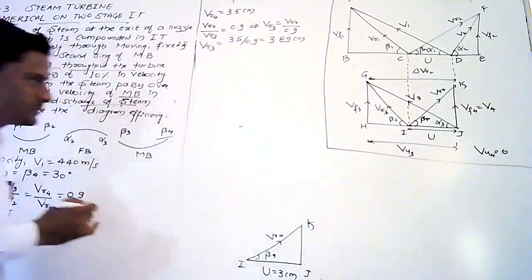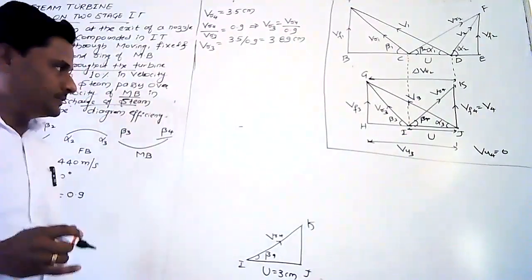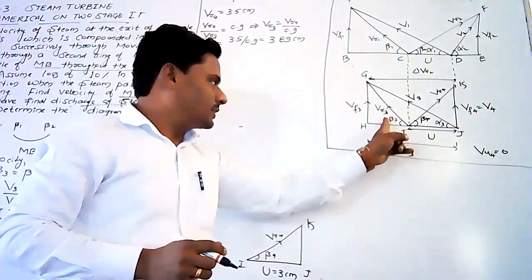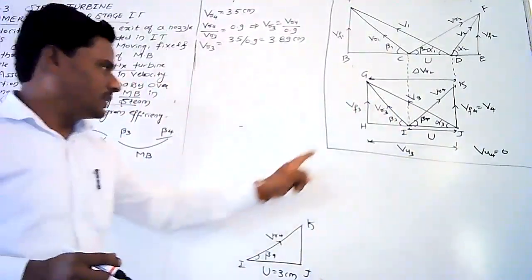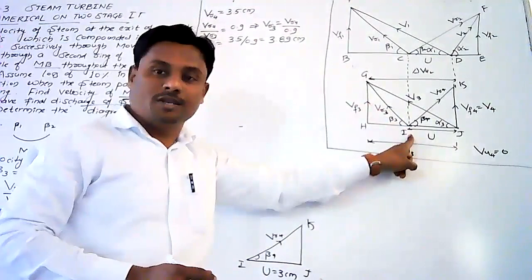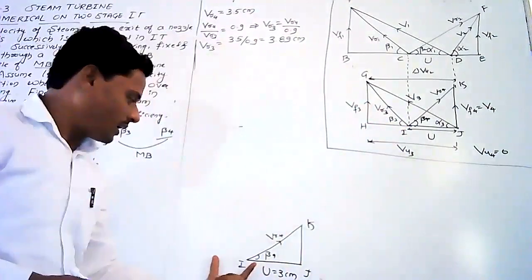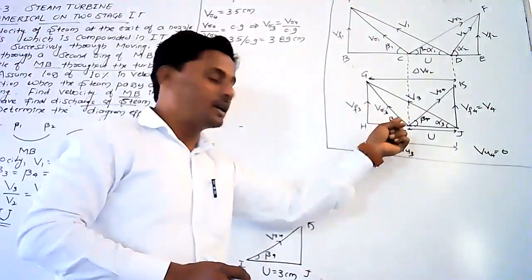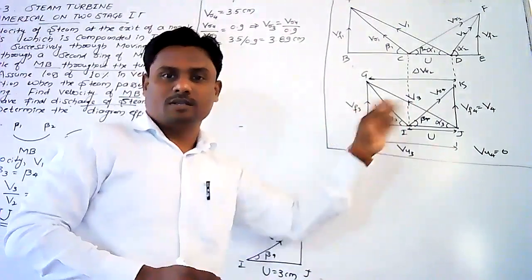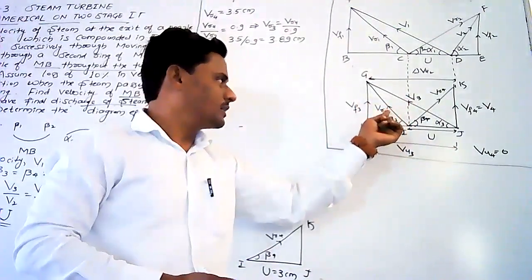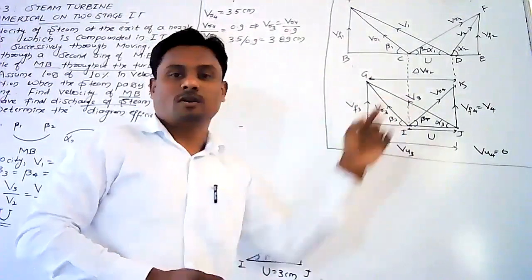Okay, fine. Now here we know the angle beta 3 and we know the dimension for VR3. VR3 is emerging from point I here. So keep the protractor on point I and measure the angle beta 3 in clockwise direction, because VR3 with respect to horizontal is in clockwise direction.